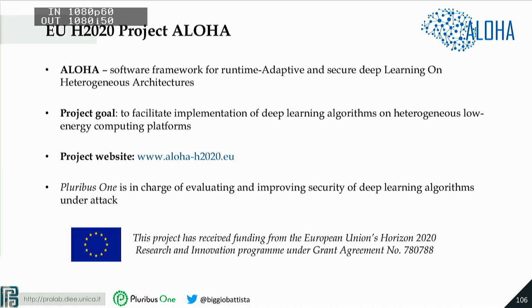So the goal of the project is to put these requirements together, so you design the network already keeping these constraints into account. In this project, we are responsible for doing the security evaluation, so to run these attack algorithms and see how they perform in the different use cases. Okay, so that was just another curiosity that I wanted to tell you about evasion attacks.